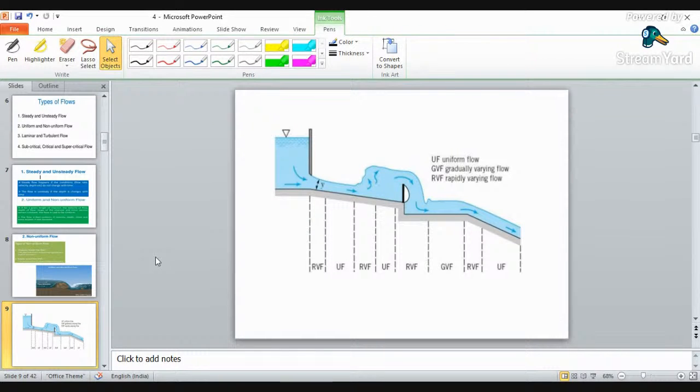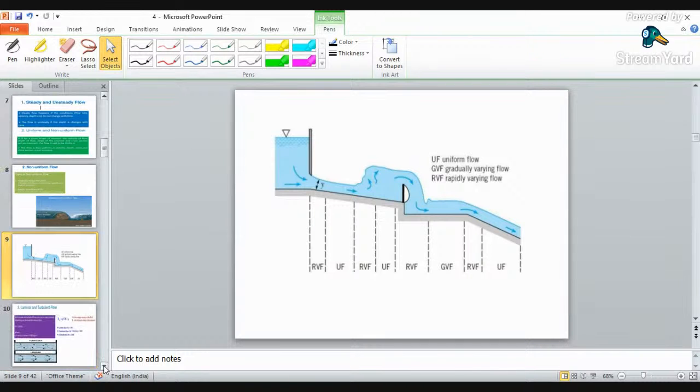When your flow parameters like pressure, velocity, depth of the flow vary slowly or gradually over a long length of the section, then it will be termed as gradually varying flow. Okay, so the time duration in gradually varied flow is quite large as compared with rapidly varying flow. The changes in the flow characteristics will be rapid in rapidly varying flow, and these will be gradual when we talk about gradually varying flow. Okay, both are types of non-uniform flow.